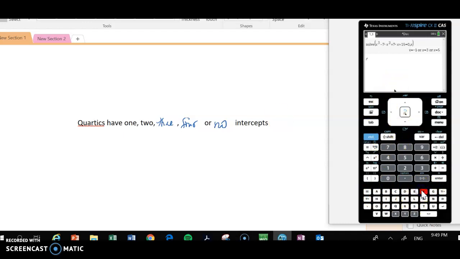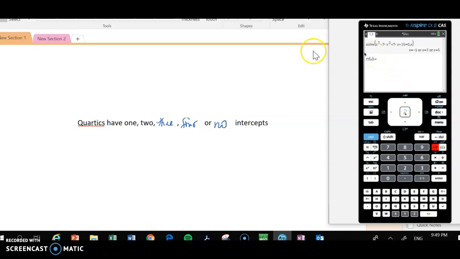So f1, brackets, x. So f1 of x, that's function 1. Close the brackets. We're using the define button, which is control and that button there. If you look at your calculator carefully, it's the define, which is the double dot equals.